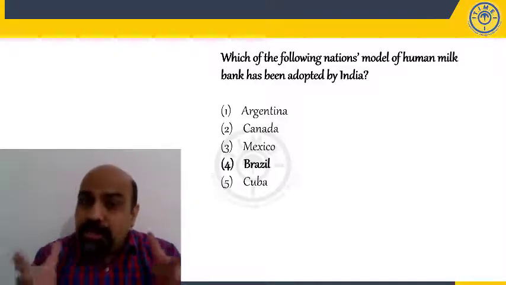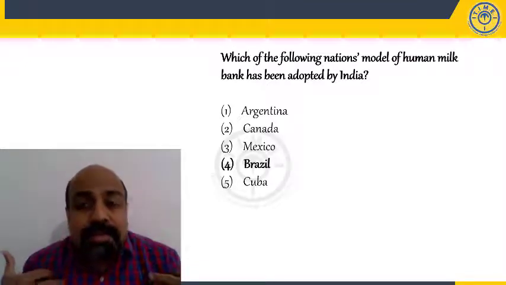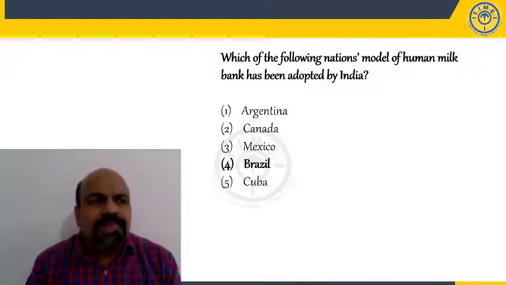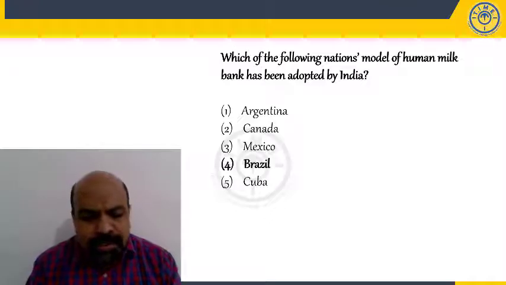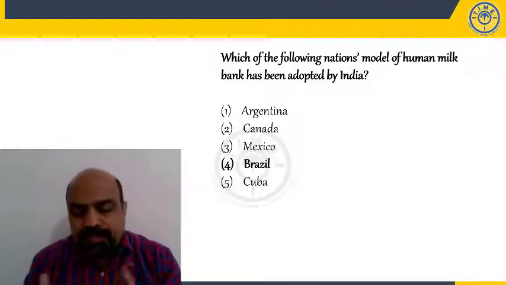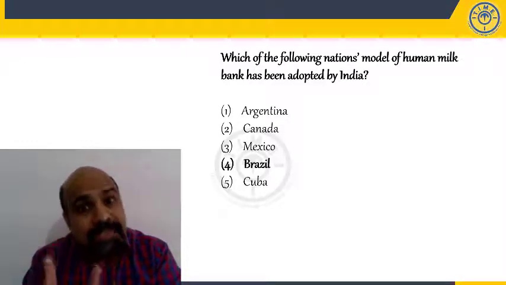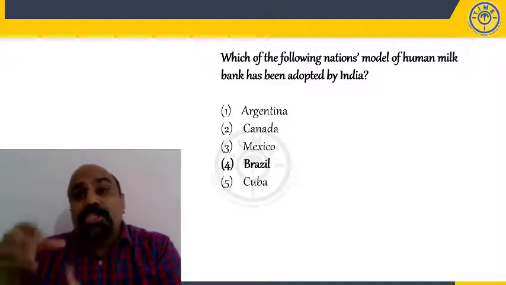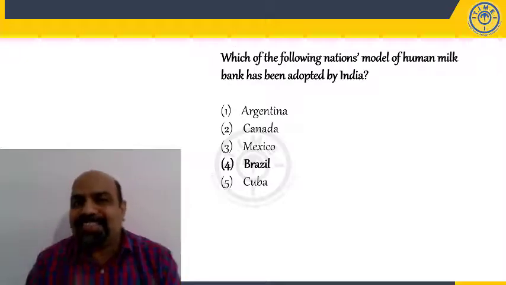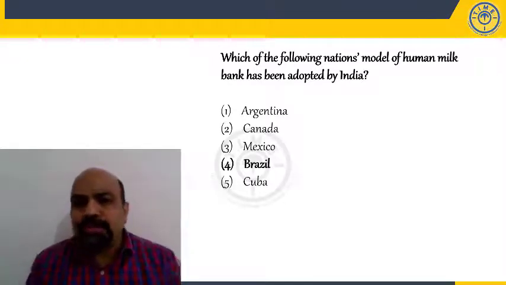Milk banks get about 1200 to 1500 liters every year. I am not sure if they have the exact number, but they get a lot of milk through donors. What they do is pasteurize it first, then test it, and then it's stored in freezers and fed to babies who need it. Look at that entire idea. The chain is so wonderful.